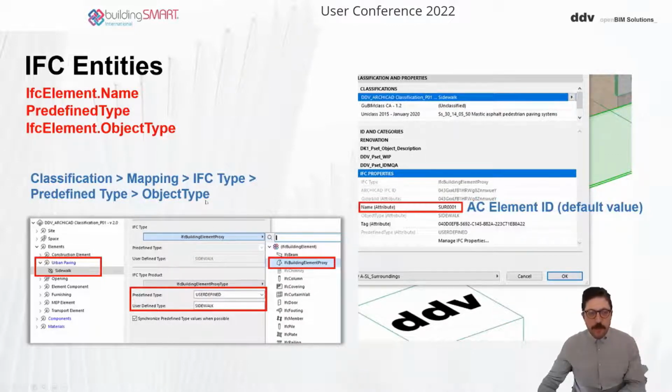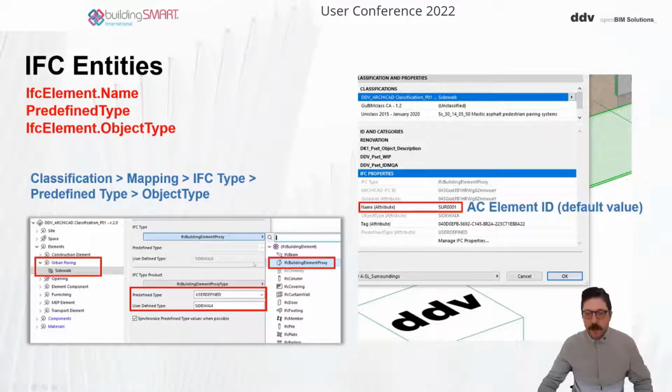In this case, we like to map it, because it's out of the building domain, as an IFC building element proxy, and then applying predefined type enumeration user-defined, and also, as the IFC schema already prescribes, defining sidewalk as the value of the attribute object type.